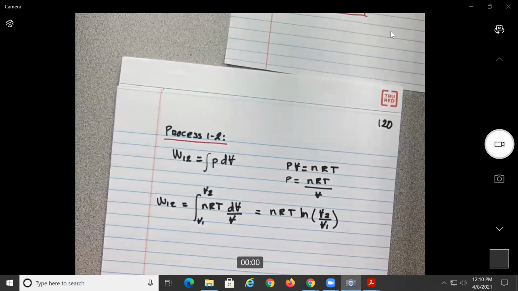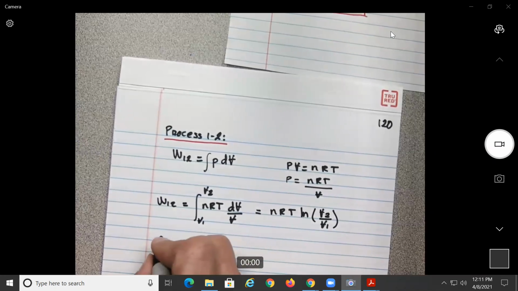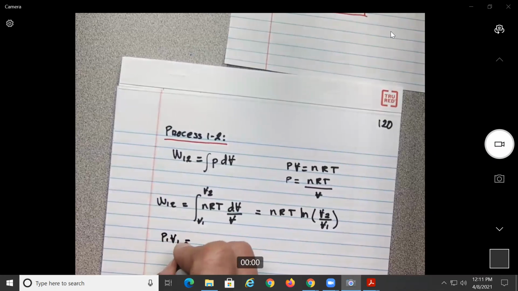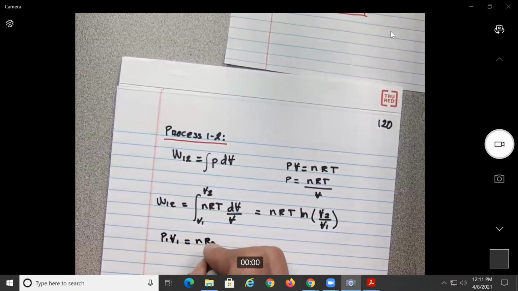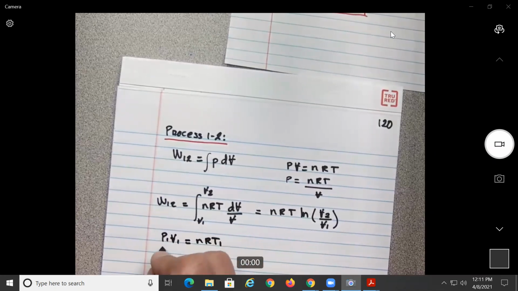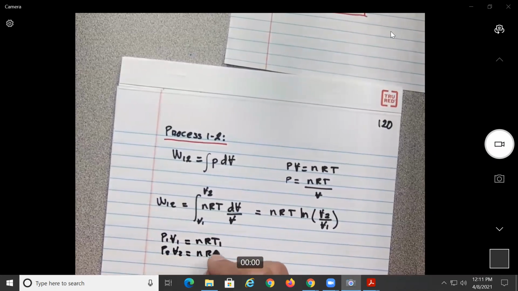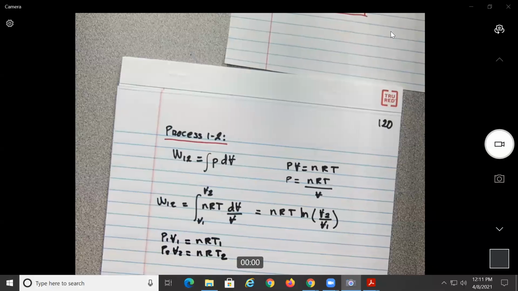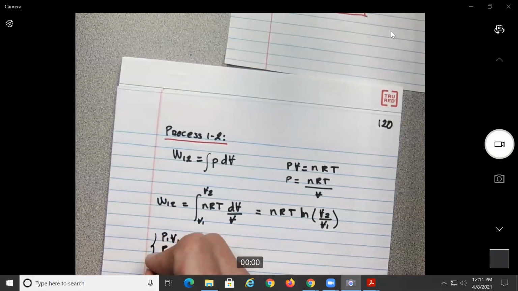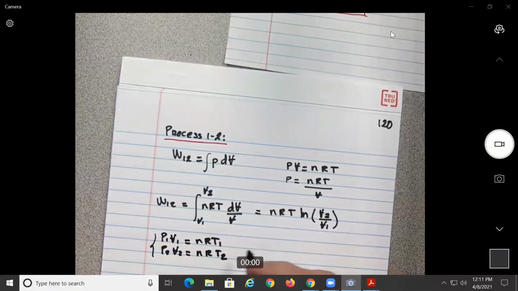Okay. The other thing they do is that they say that using the ideal gas relation, we're going to have P1 V1 equal to nRT1 and P2 V2 equal to nRT2.